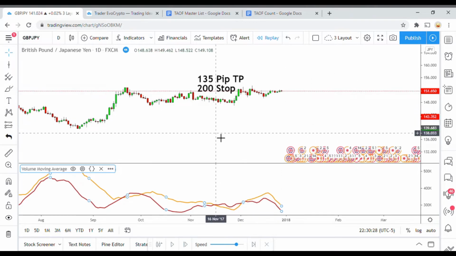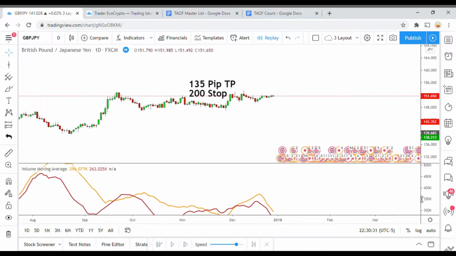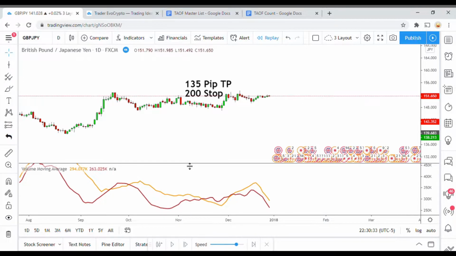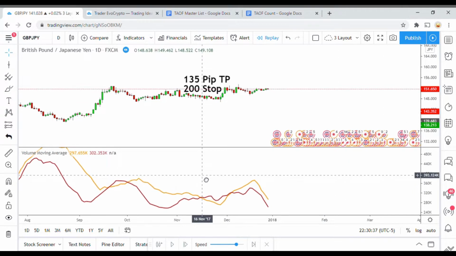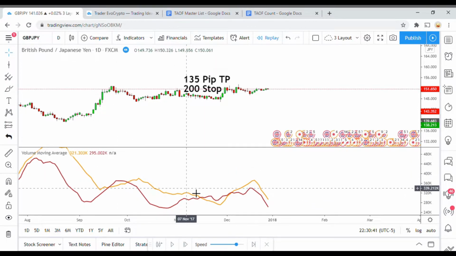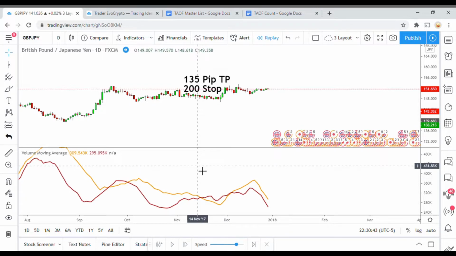But at the moment, we do not know how to do that, and so we are going to keep it down below, and we are going to basically trade this as a two-line cross. I mean, that's what it is, and so no reason not to trade it that way.